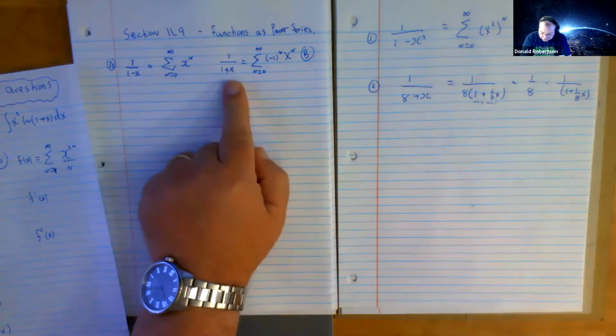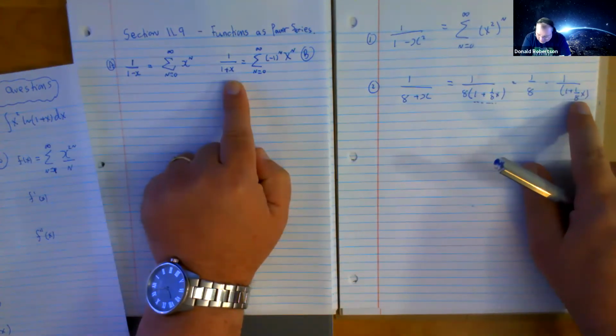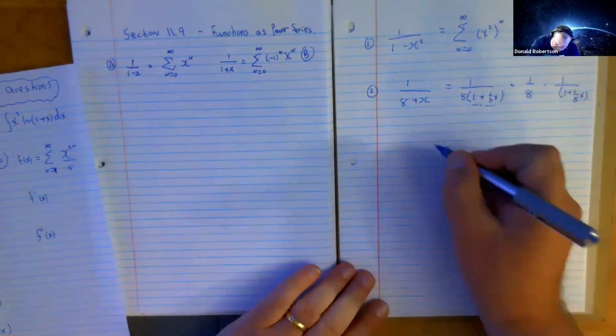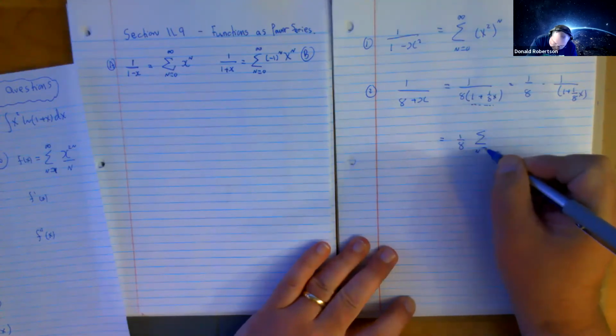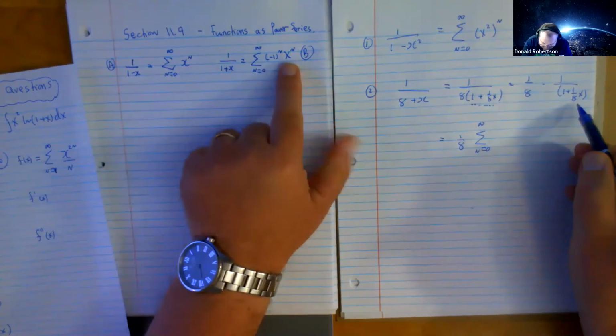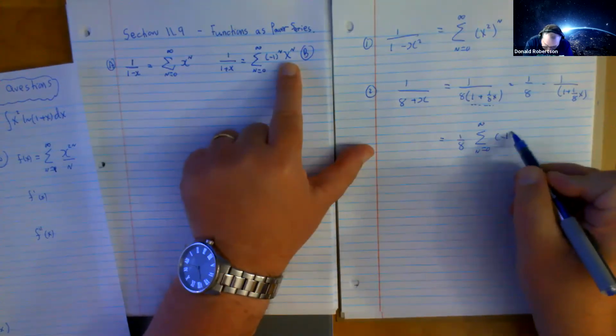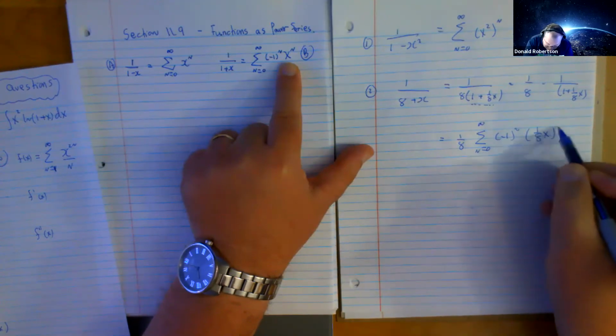Well, if you look at this one and you look at this one, isn't the substitution going to be 1/8 of x? So we have 1/8 sigma n equals 0 to infinity, and replace the x, that's the guy that goes here, by 1/8 x.